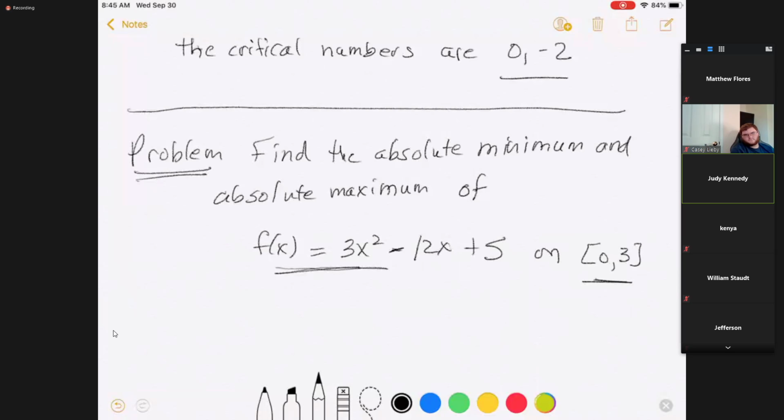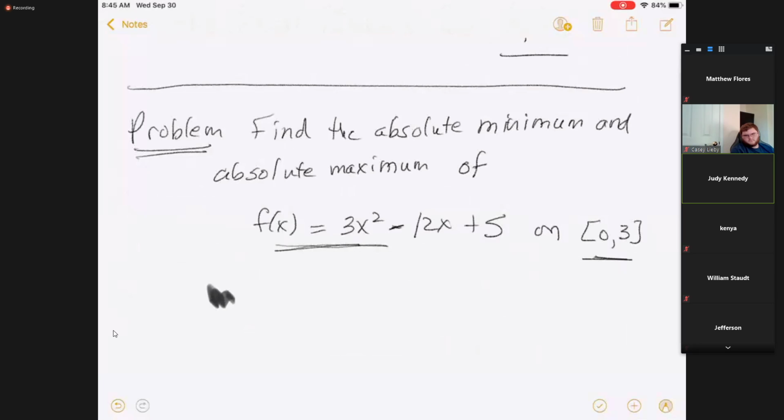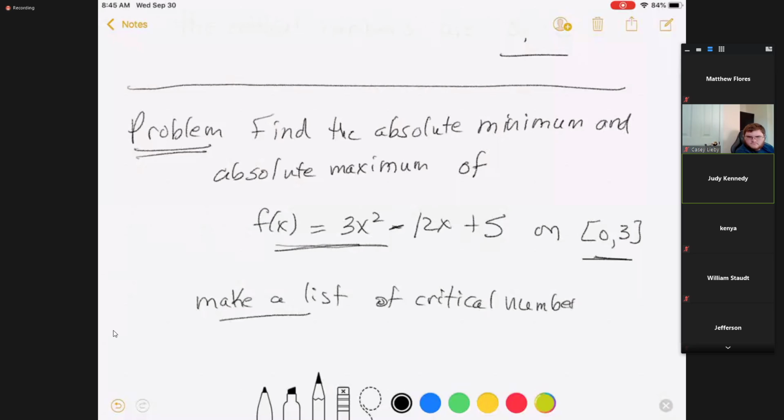Okay, so I'm going to make a list of critical numbers in the interval 0 to 3.